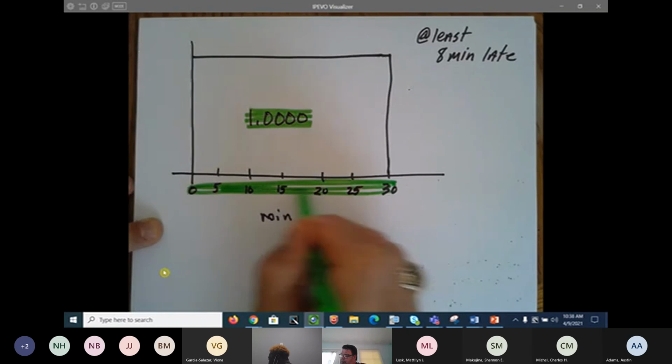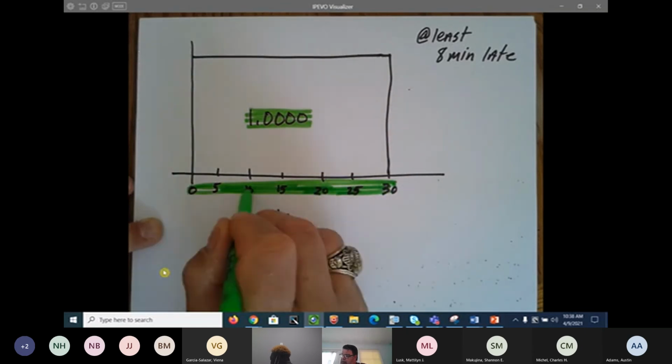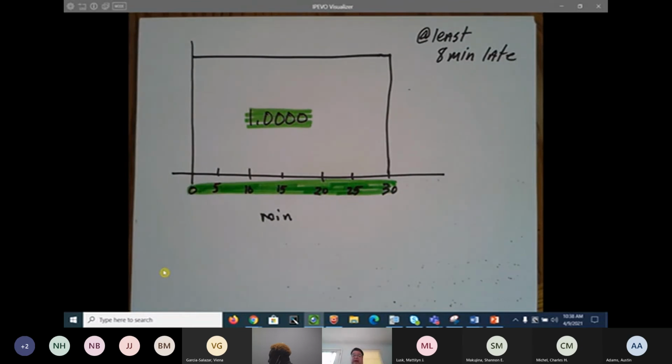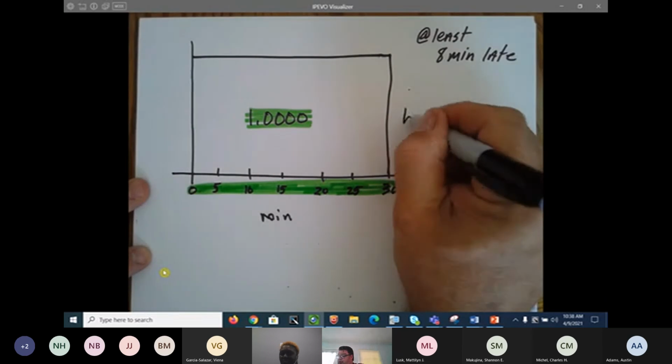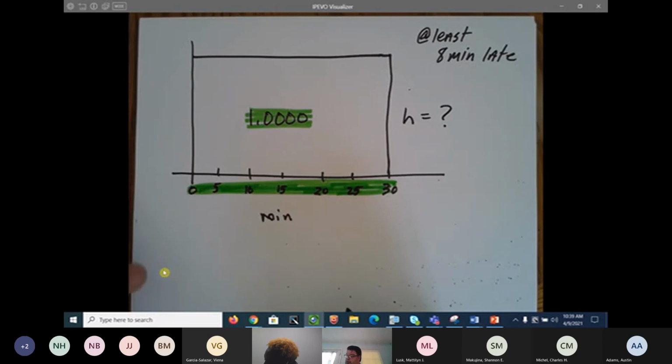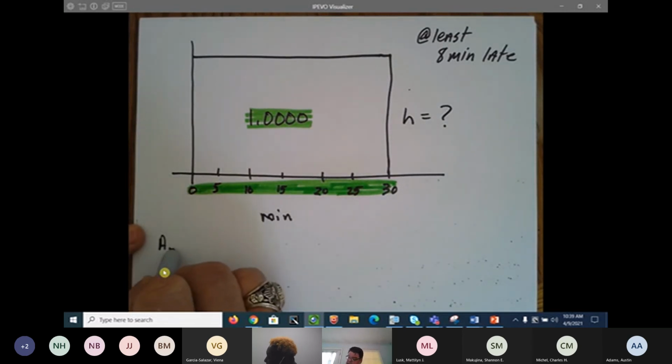Now in this problem, you are given the height, but sometimes you don't have the height. So how do you get the height? Well, this is how you get the height. The area of a rectangle or quadrilateral is equal to base times height.